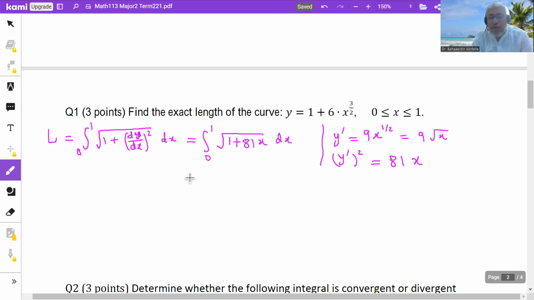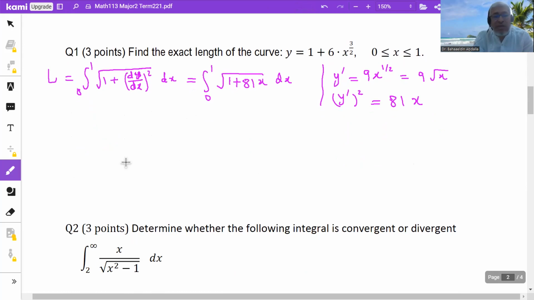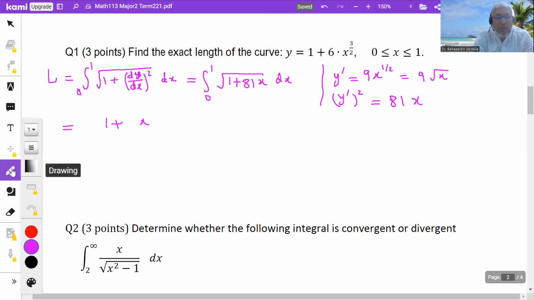And now you find this integral. Well, we have inside the square root a linear function. So when we have a linear function, the integral would be this: 1 plus 81x to the power half. So the integral would be 1 plus 81x to the power half.